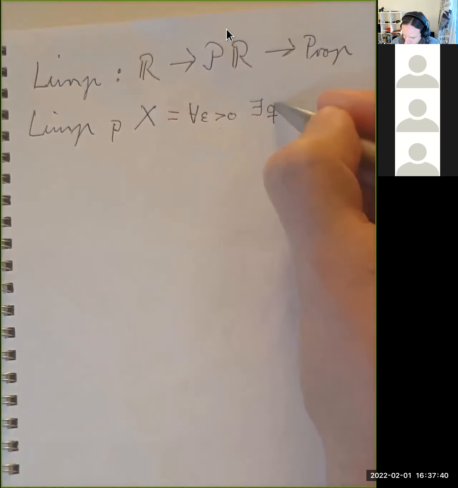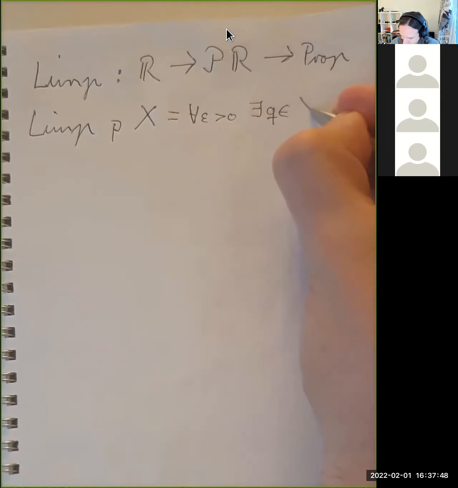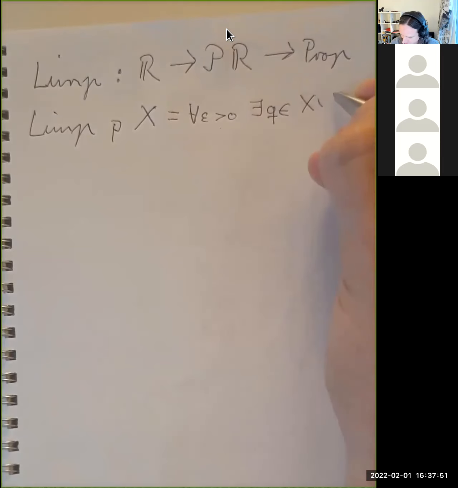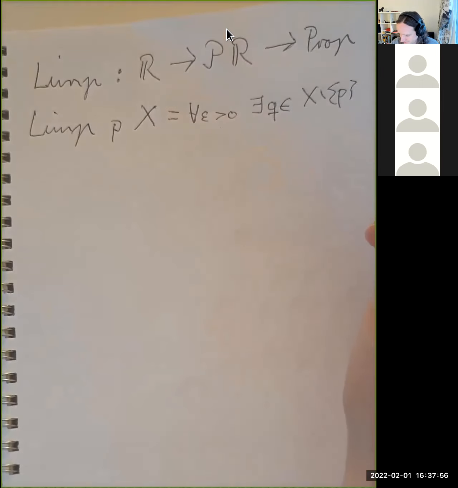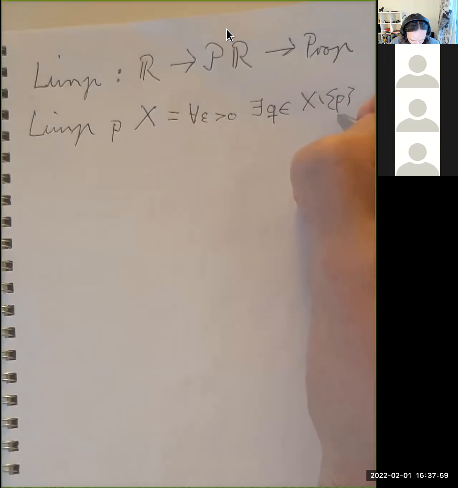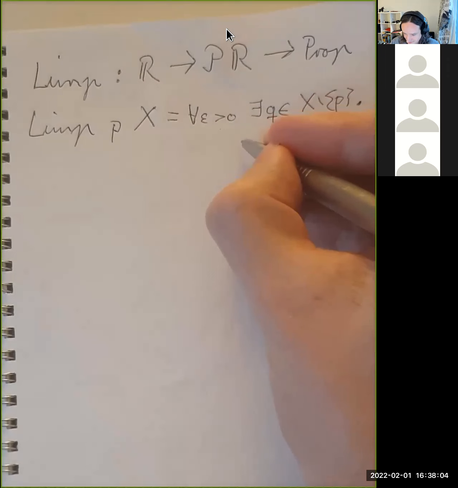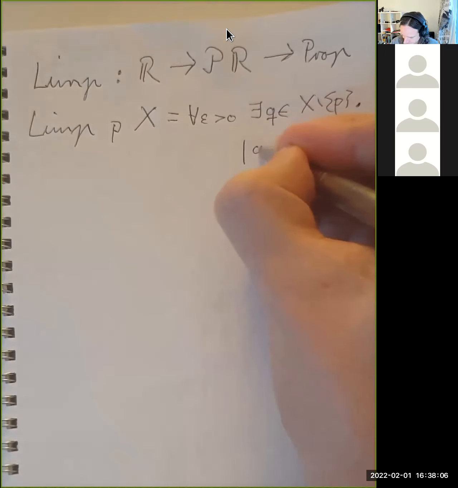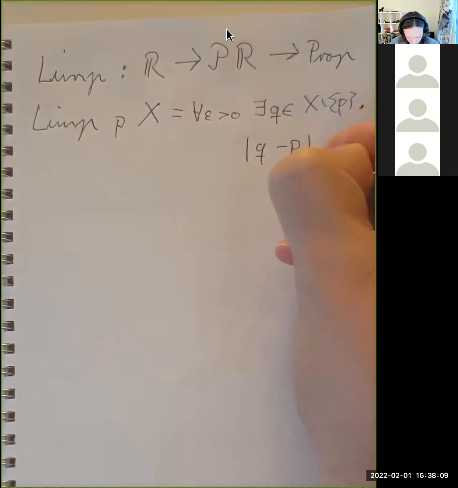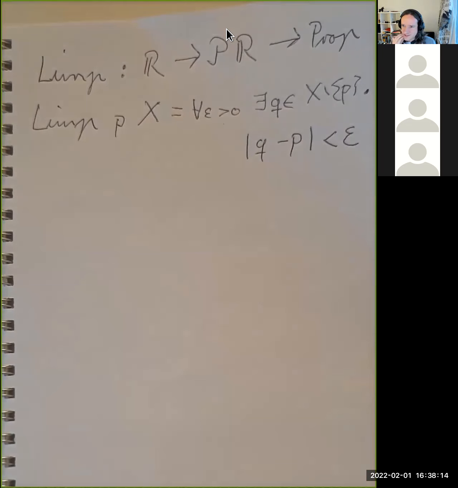So that's some point in the set X, which should be arbitrarily close to P, but we are not allowed to use P itself. So otherwise, every point of the set would be a limit point. Such that, oh no, I'm running out of space, but I guess it's still readable. Okay, so such that this distance is smaller than epsilon.